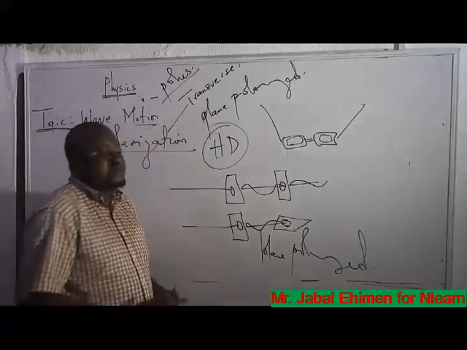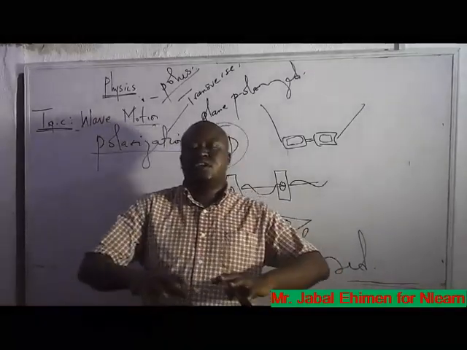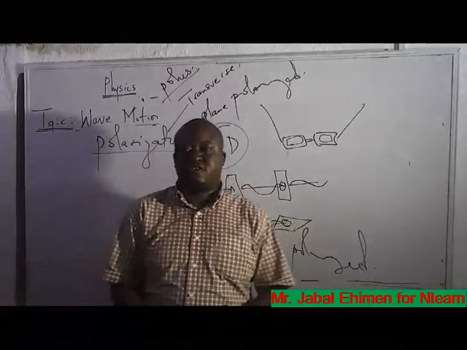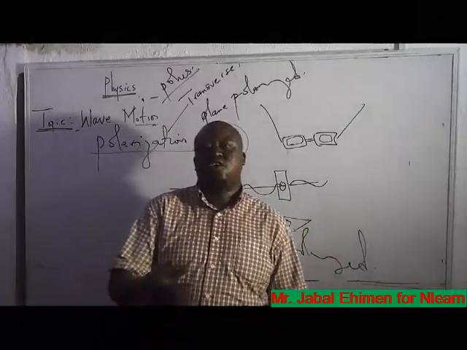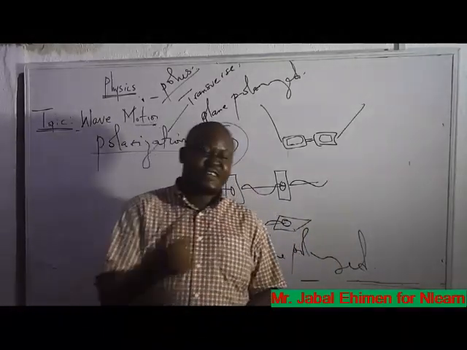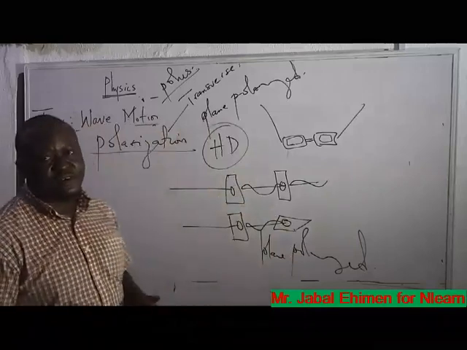And an equipment that is designed to do this, not in the natural way, but designed as technology, is called Polaroids. So when it's designed to bring about polarization, it's called Polaroids.